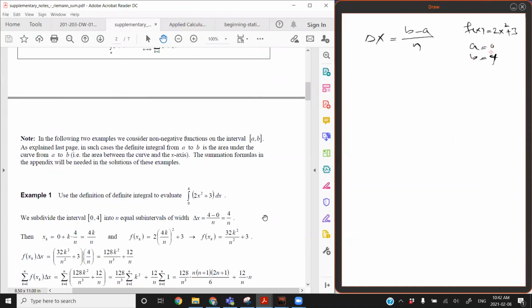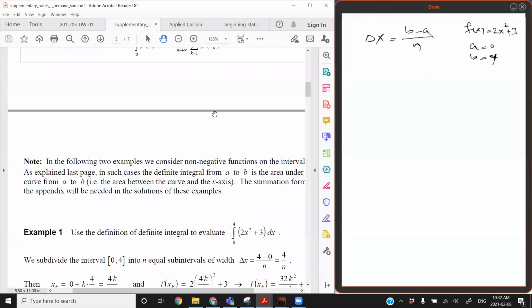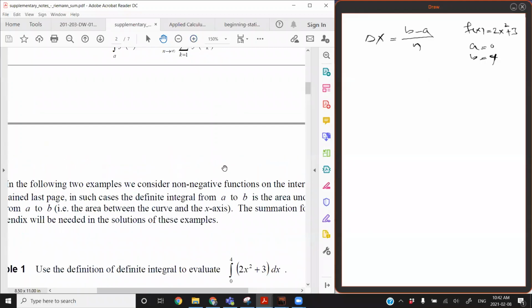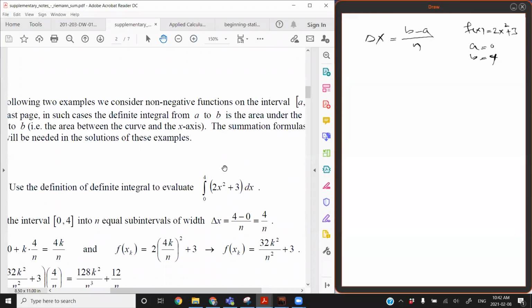So A is the lower bound and B is the upper bound. The lower bound is 0 and the upper bound is 4. So first I need to find the delta x. Delta x is going to be 4 minus 0 over n. So it's going to be 4 over n. You're good so far?